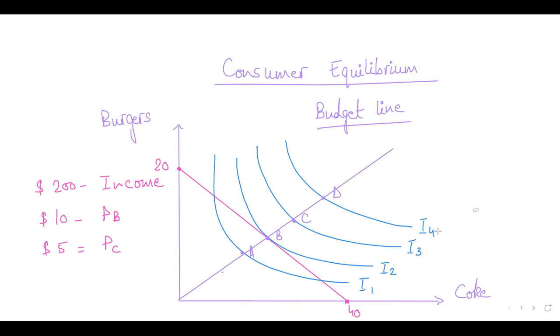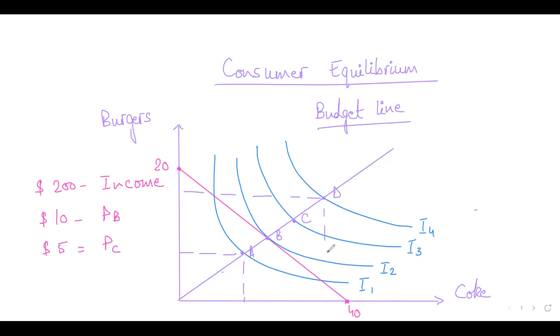One is on the x-axis, the other on the y-axis. If you compare point A with point D, you have the lowest quantities of goods available at A, because it's closer towards the origin. When it's closer to the origin, you can consume lesser quantities of both goods. And if you compare this with D, you are able to consume the largest possible quantities at point D.